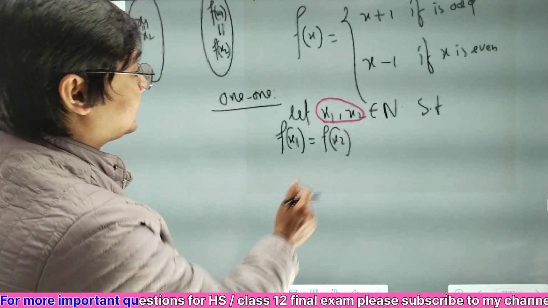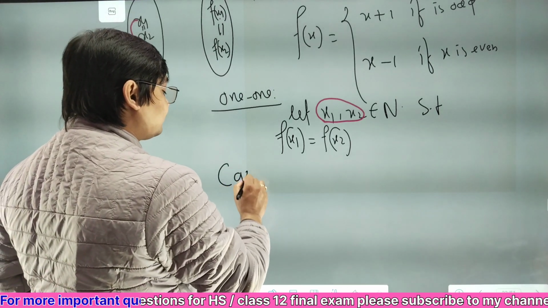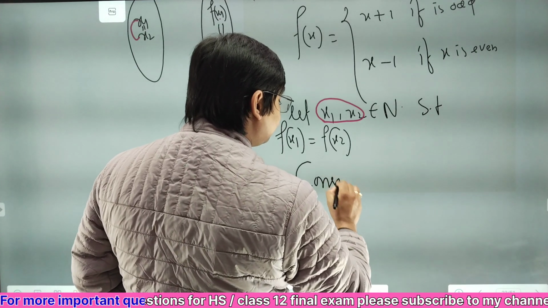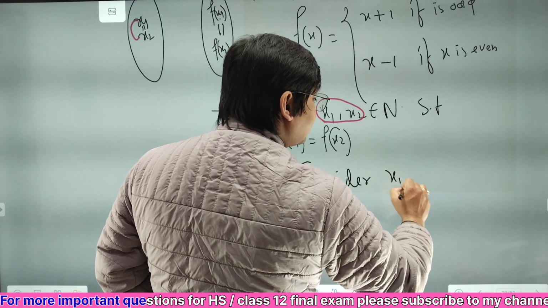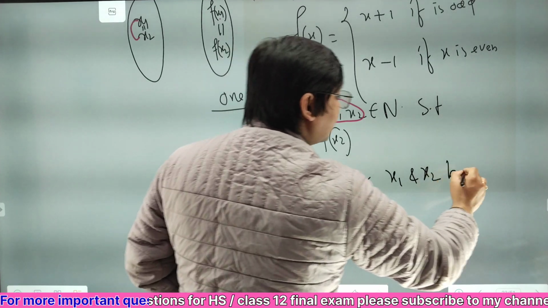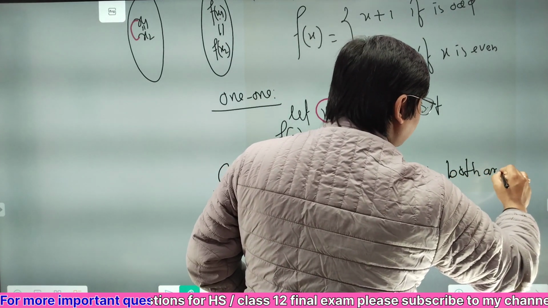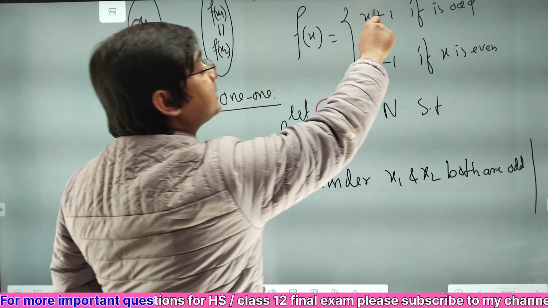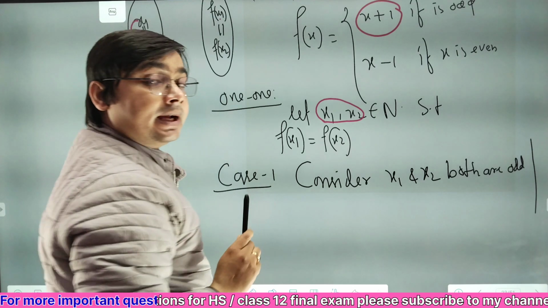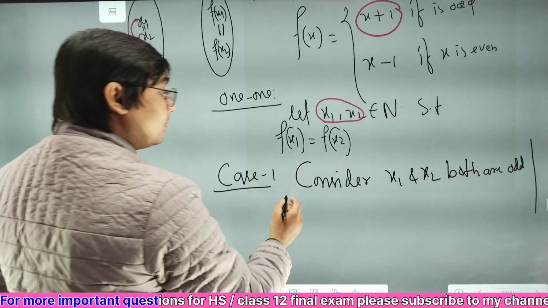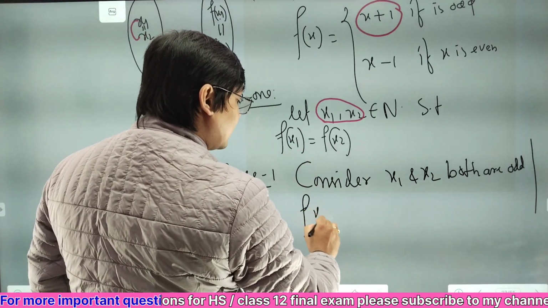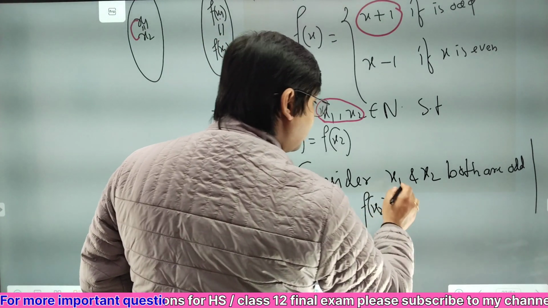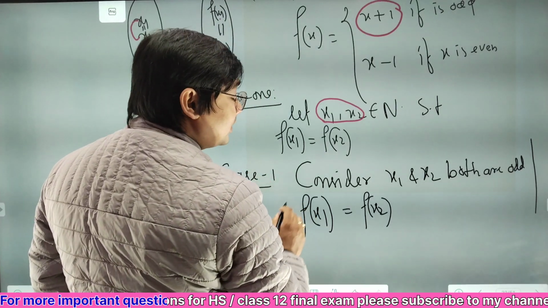In the first case, we consider x1 and x2 both odd. Then what happened? You remember, if x is odd, then the function gives x plus 1. So if f of x1 equals f of x2, then what is the value of f of x1?